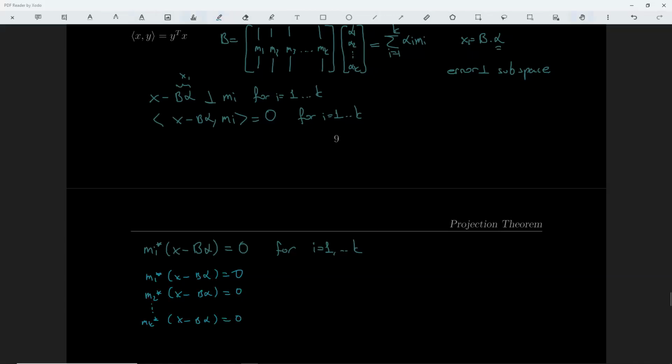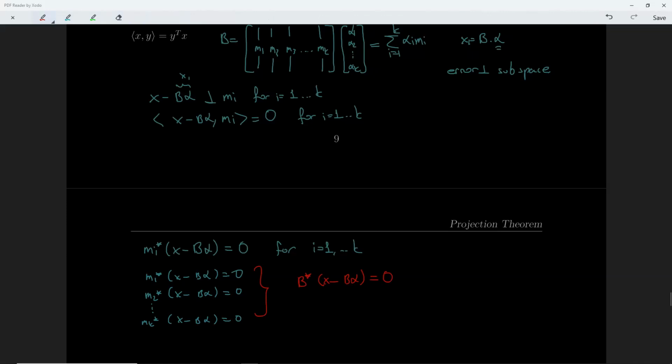And I can write down these equations in compact form as follows, if you agree. So I can write that thing as B conjugate transpose times x minus B alpha equals 0.